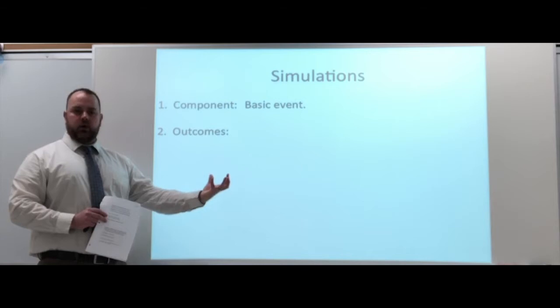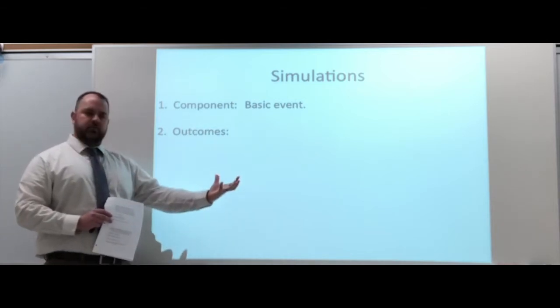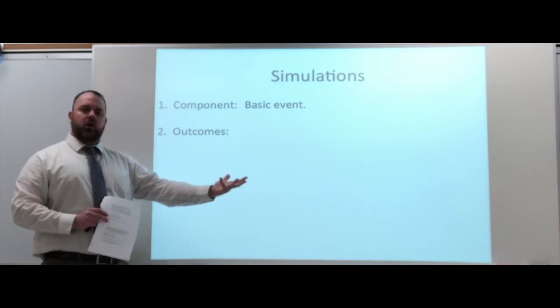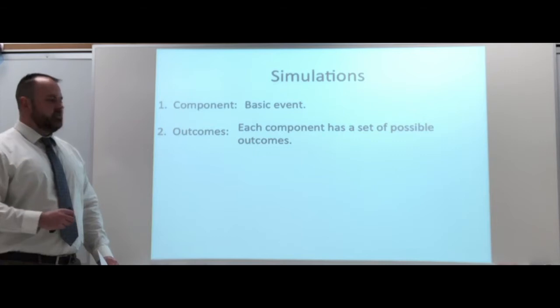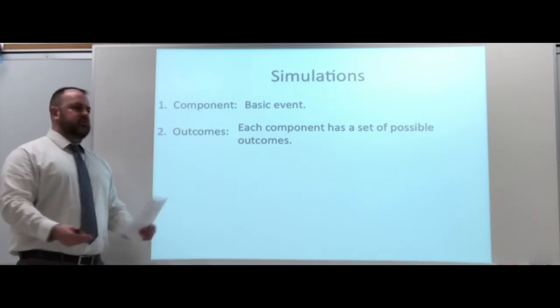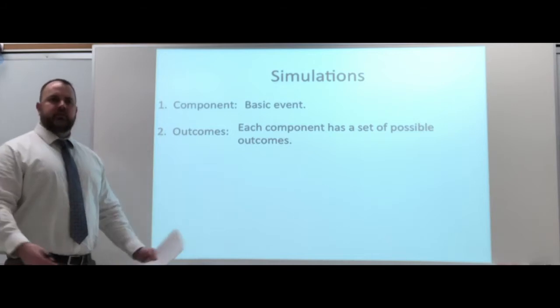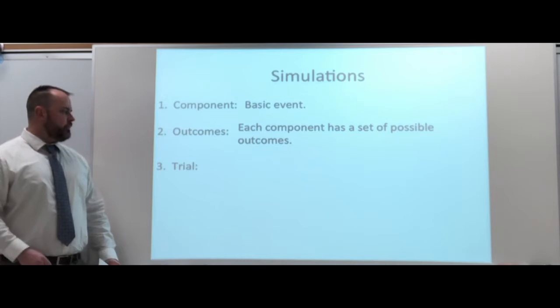What is that one outcome for that one component that we have? One number comes up, that's our component. What could happen with that one component? So it's a component, has a set of possible outcomes. So you're going to say it's either, whatever this number is, it's either yes or no. Okay? It's basically going to be the variable about that value that we're looking at.